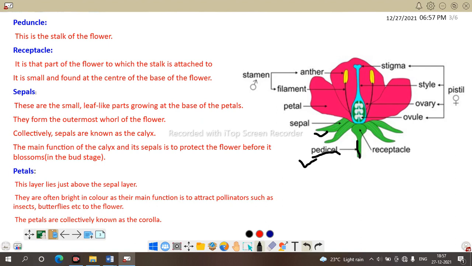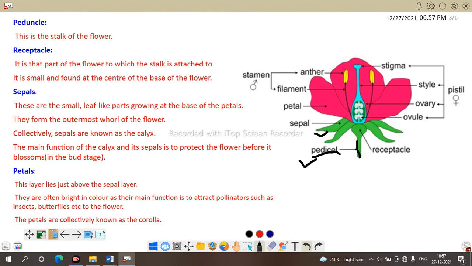These red colored structures are the petals, and these green colored structures are sepals. So sepals are present just after the receptacle and on them the petals are situated. Collectively, the sepals are known as calyx. The main function of the calyx is to protect the flower before it blossoms.